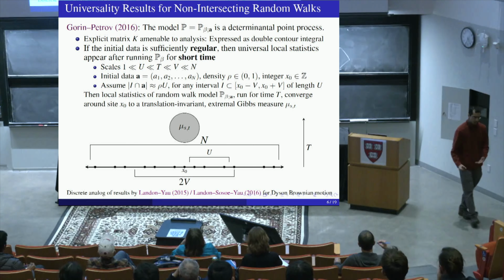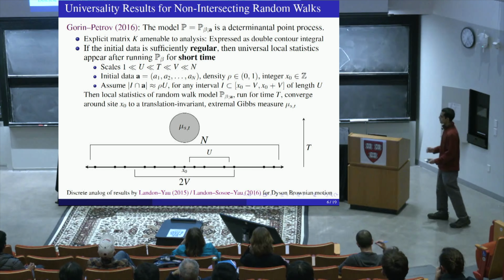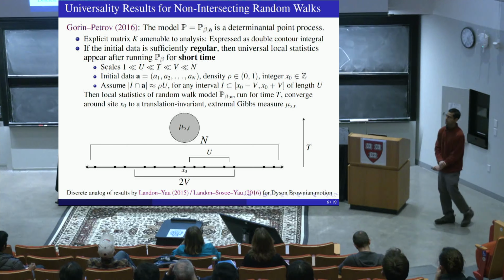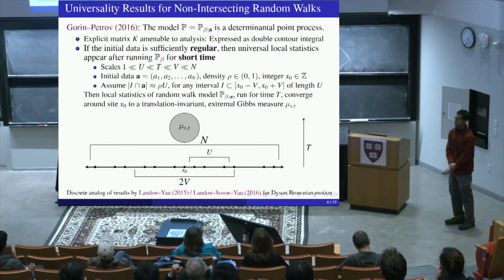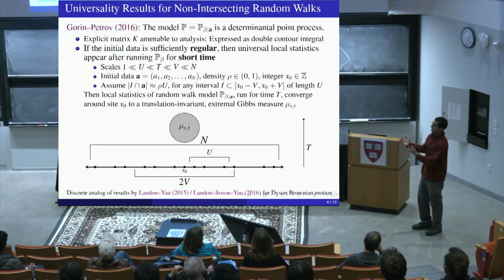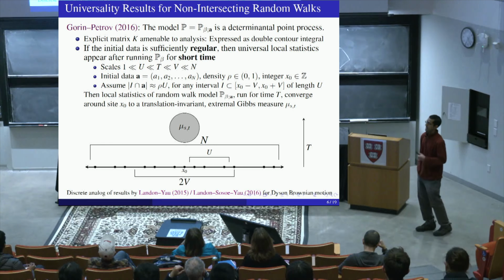So why are we doing this? Why am I referencing this model in the first place? It's because it's more amenable to an algebraic approach. It's a theorem of Gorin and Petrov that this model is a determinantal point process, but more importantly, the matrix, called the correlation kernel, associated with this process is amenable to analysis.